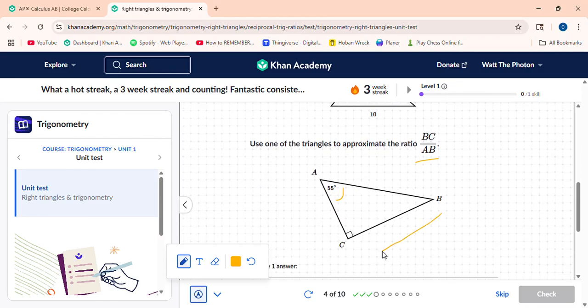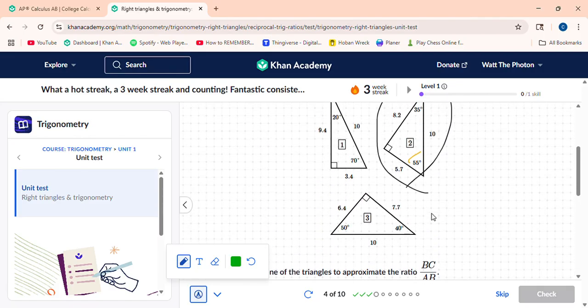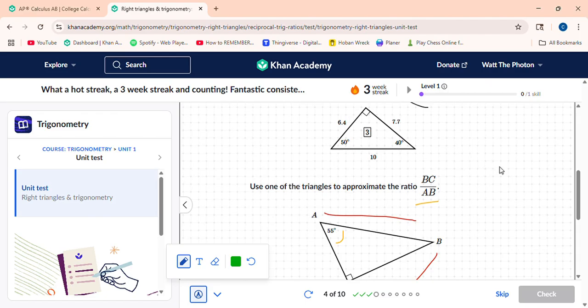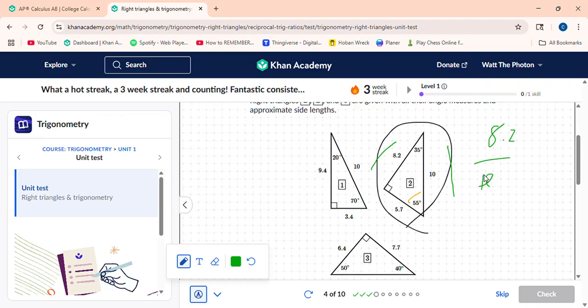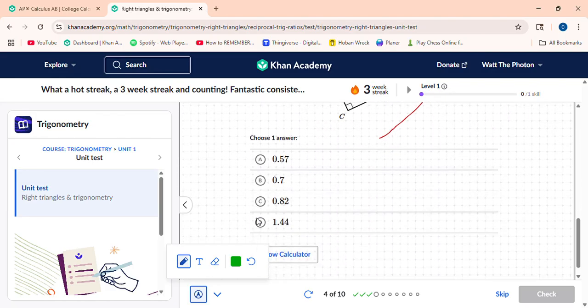B to C to A to B. B to C is on top, so 8.2 over 10. Yeah, that seems right, 8.2.